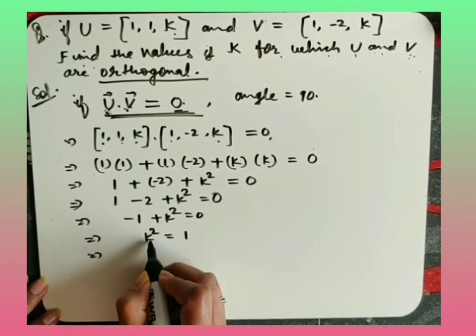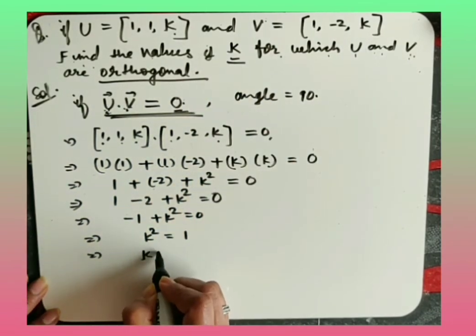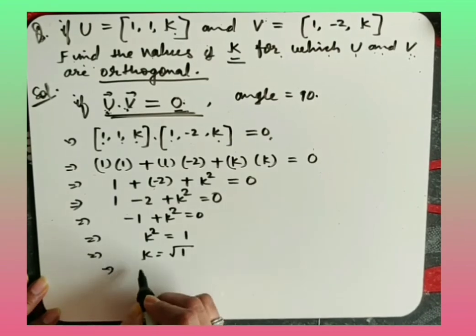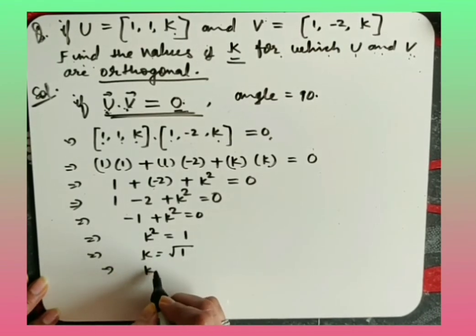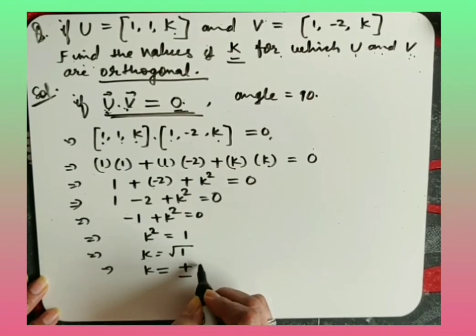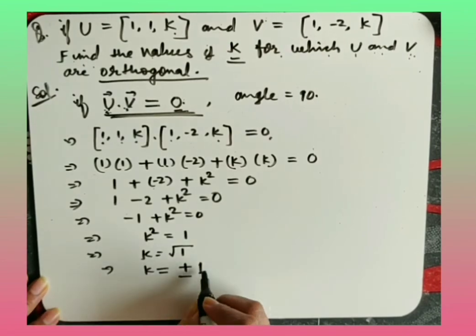Now we need to find k, not k square. So k equals the square root of 1. When we find the square root of 1, we get two values, one plus and the other minus, so plus or minus 1.